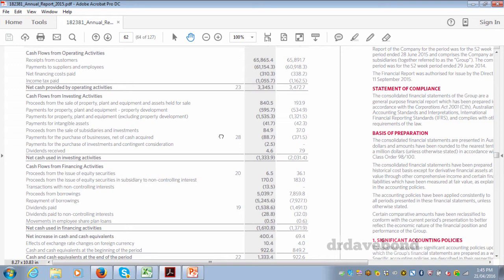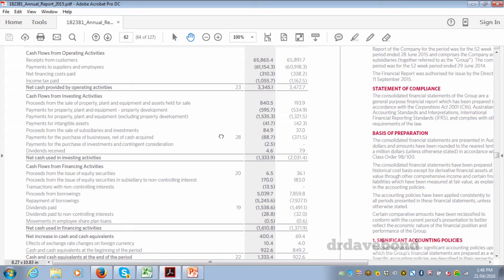A couple of comments around the placement of interest, tax and dividends, and these will come up in the slides at some point. Whilst a lot of these items, such as customers and sale of property, plant, and equipment, are specified very specifically where they have to go, with interest, tax, and dividends there is some flexibility in where companies can put them.